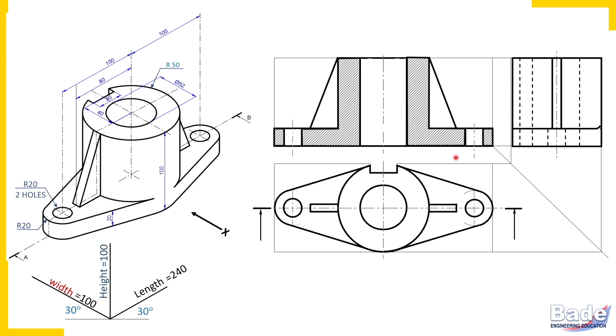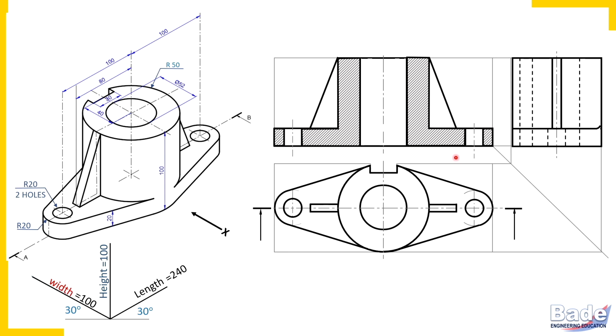So once again we'll revise those 4 important points I have told you. In sectional views, boundary between portions which are getting cut does not appear.